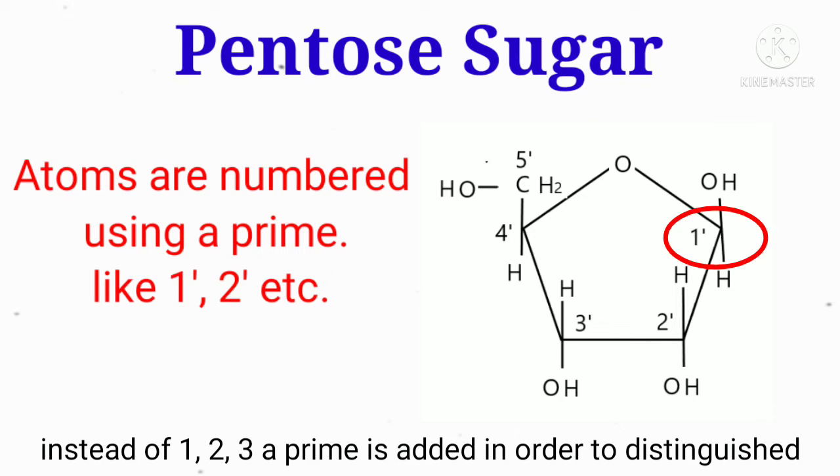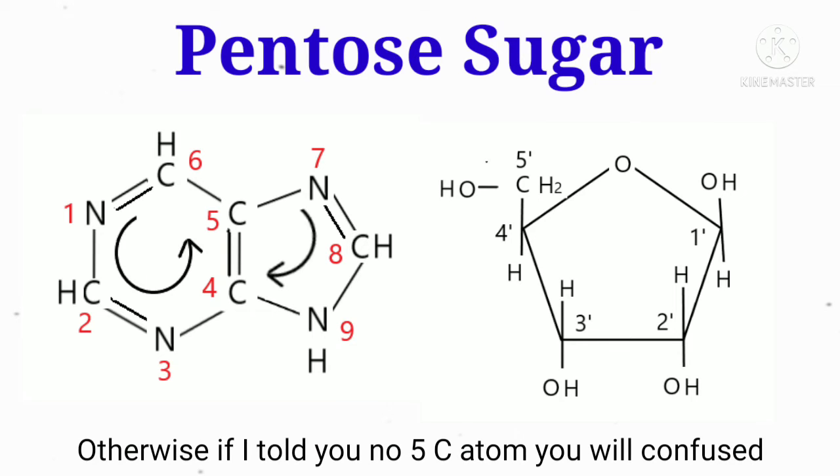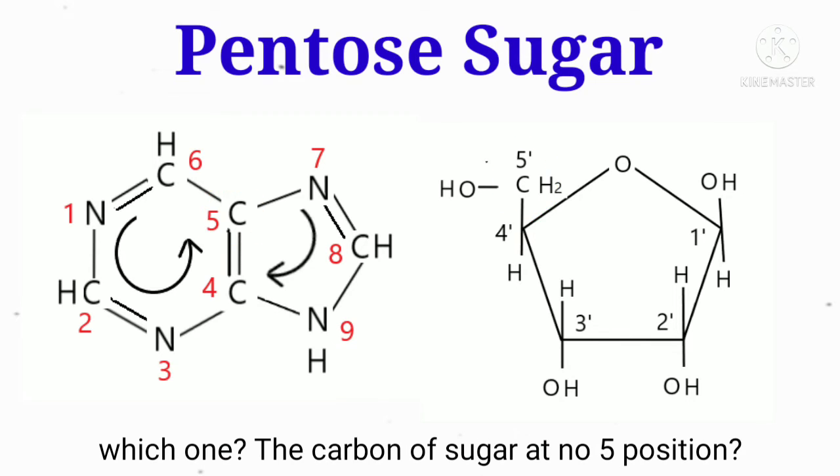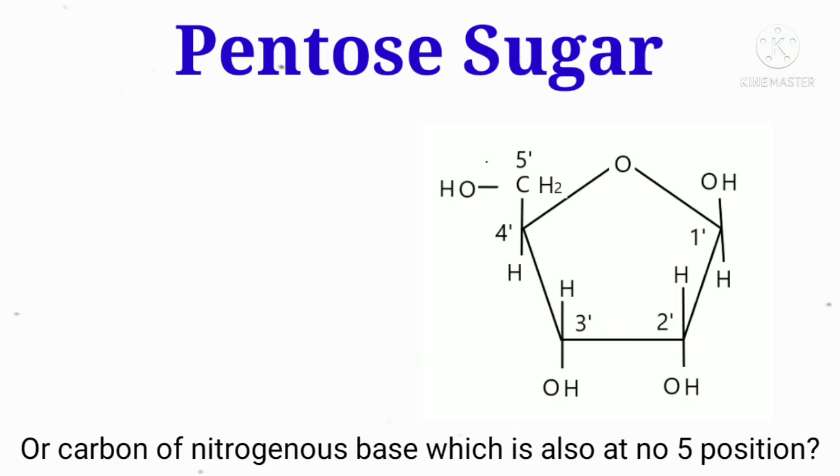Instead of using 1, 2, 3, 4, a prime is added in order to distinguish atoms of the sugar molecule from the nitrogenous bases. Otherwise, if I told you number 5 carbon, you would be confused whether it is the carbon of the sugar at number 5 position or the carbon of the nitrogenous base which is also at number 5 position.